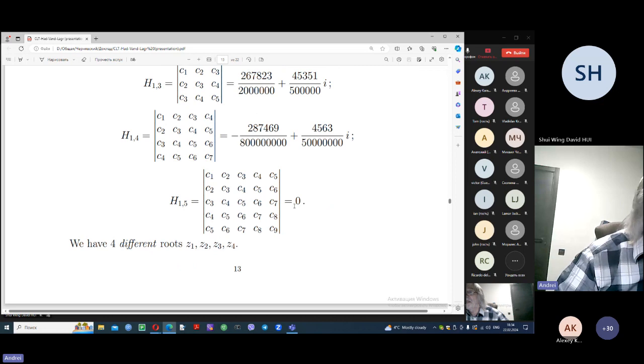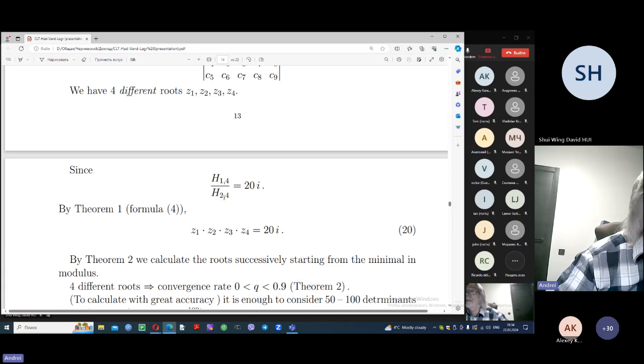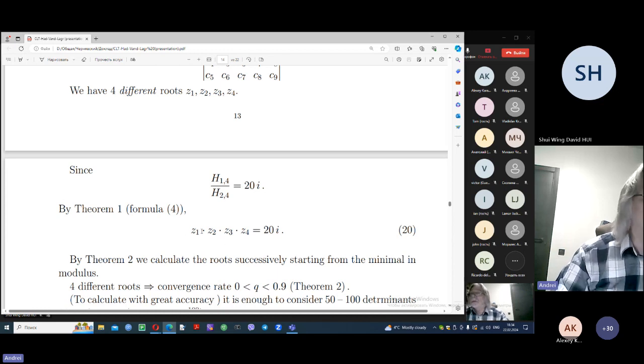So that means that we have 4 different roots, and their ratio, which is also calculated, is equal to 20i. That means the product of 4 different roots is 1.